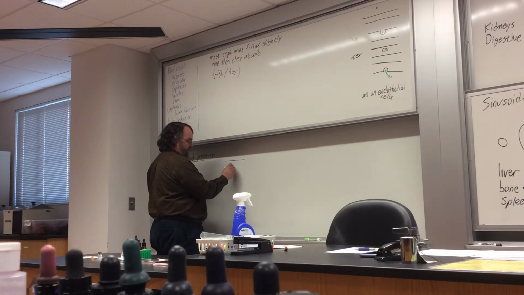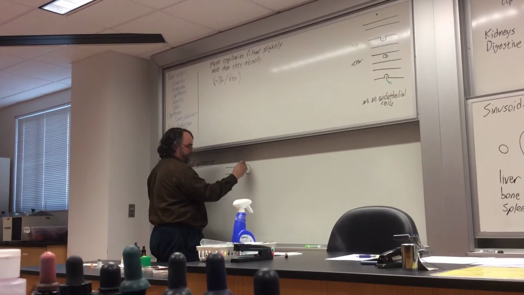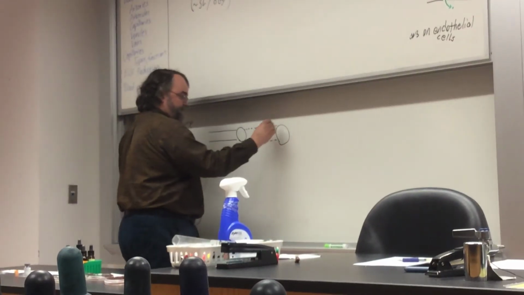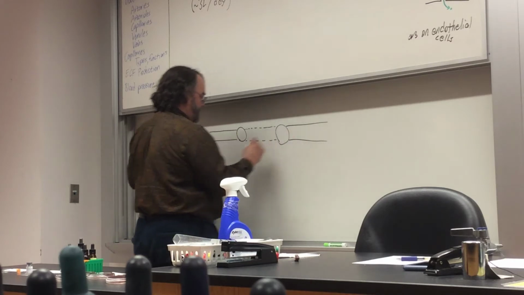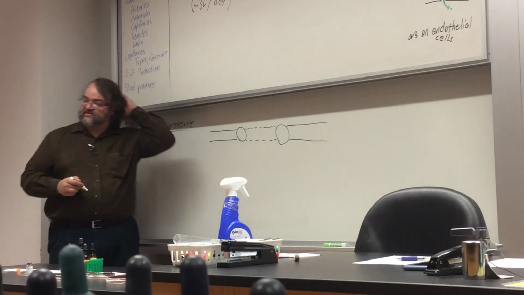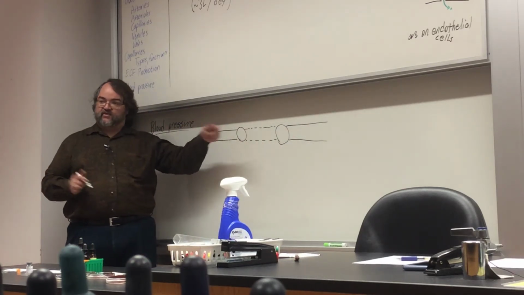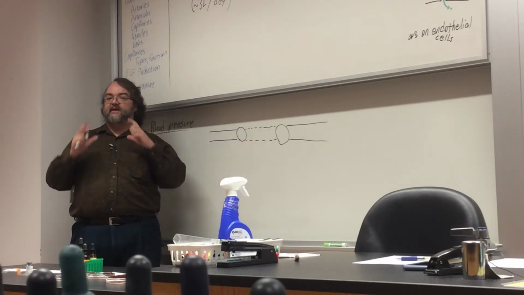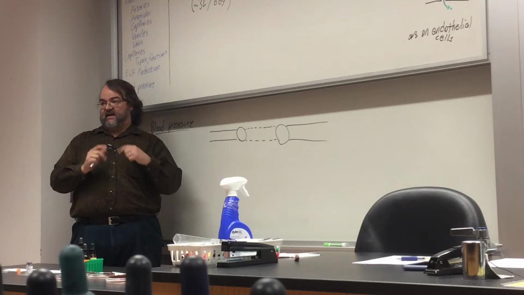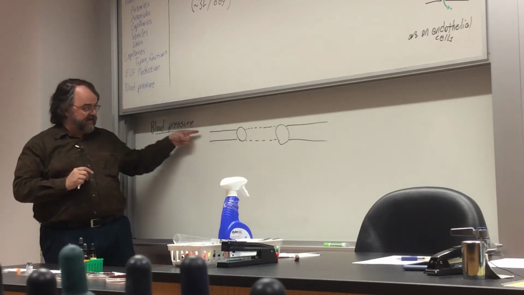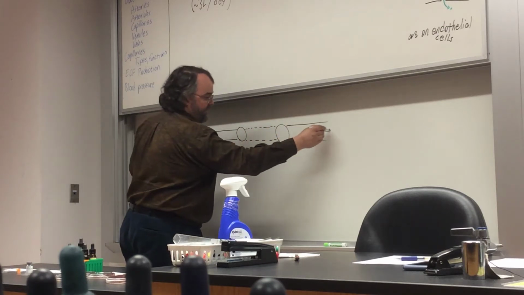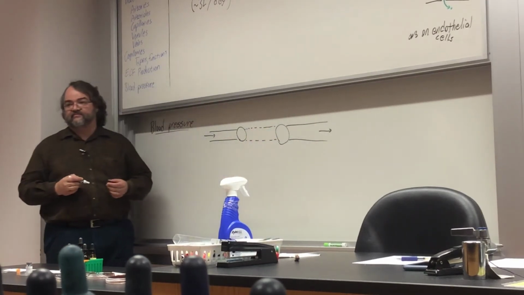So I want you to imagine a set of pipes with two valves that we can tighten or loosen. This section in the middle is made of elastic material that can stretch. So we're going to have fluid moving through this pipe out this way, moving through that middle.